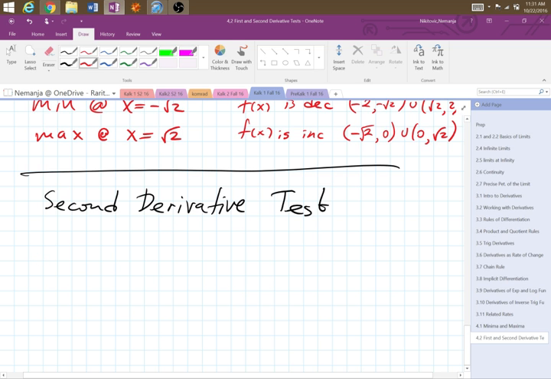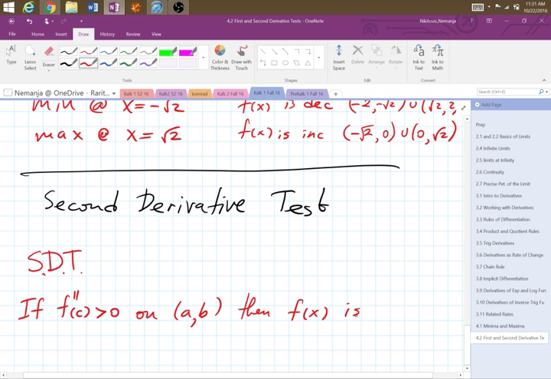So, second derivative test. If the second derivative computed at point C is larger than 0 on AB, well then, f of x is concave up on that interval AB.